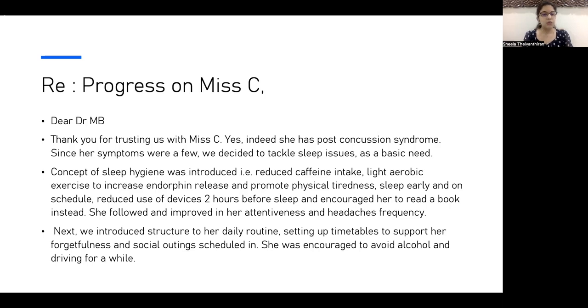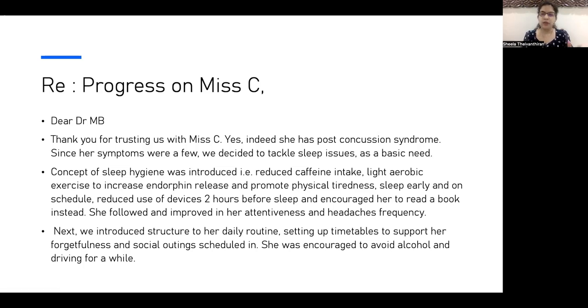Okay, and she was compliant with this. She followed all of this, and it helped her get a good sleep, and she felt very refreshed the next morning. Okay, it improved her attentiveness at school, and her headaches began to reduce because of the exercise and the sleep. We then introduced a structure to her daily routine.